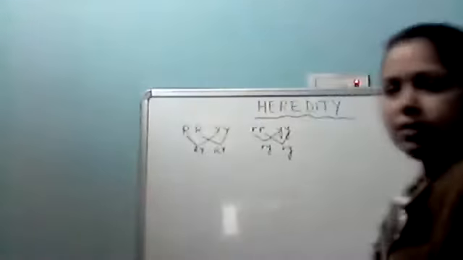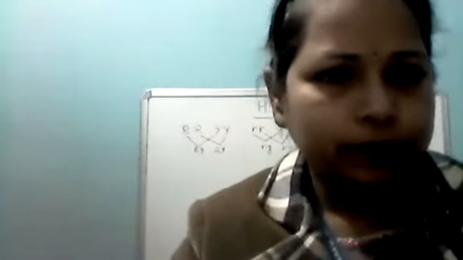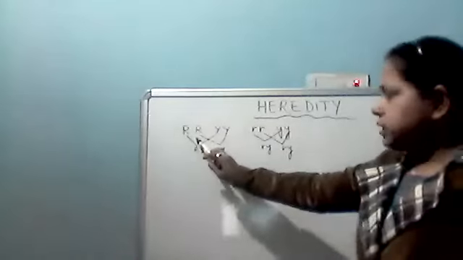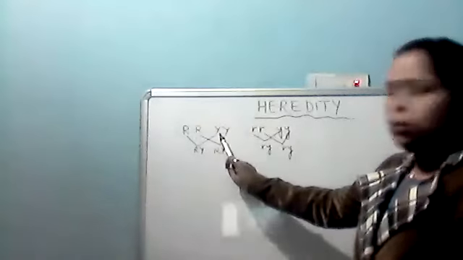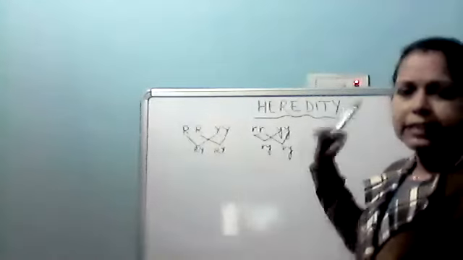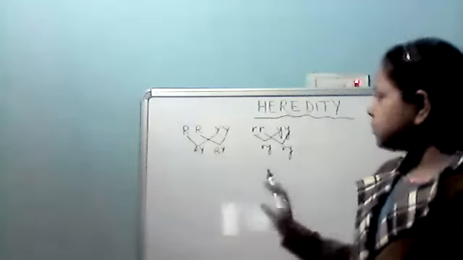So first of all, see what I have done. I think the board is visible to you all. Board visible है तुम लोगों को? Yes, ma'am. Okay, see, now I am showing. Here I have taken round shape and the color is yellow. Here I have taken the wrinkled shape and the color is green. Two characters we are taking.